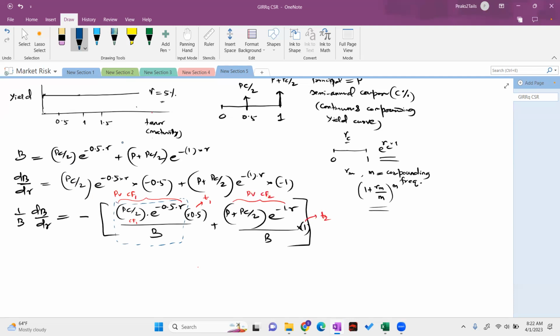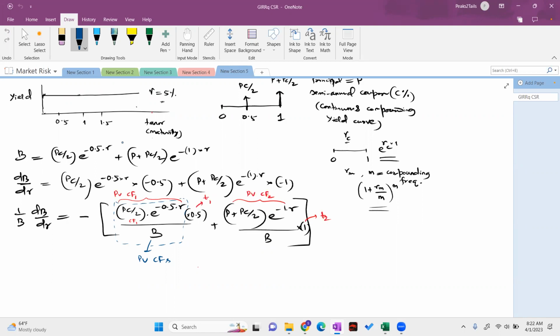What is B actually? B is the PV of all the cash flows, correct? That's the price of the instrument. So essentially, you're looking at a weighted average of the time of each cash flow. What are the weights?